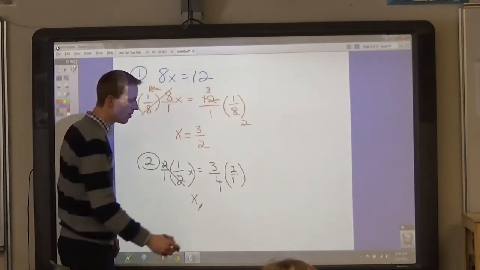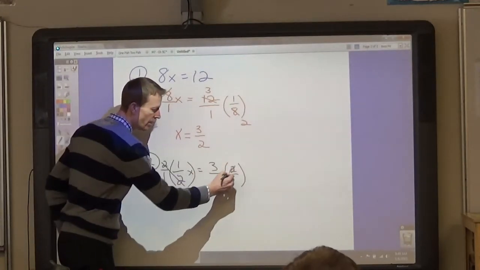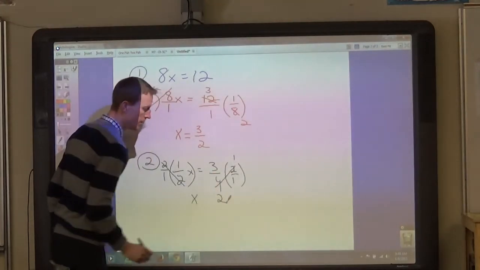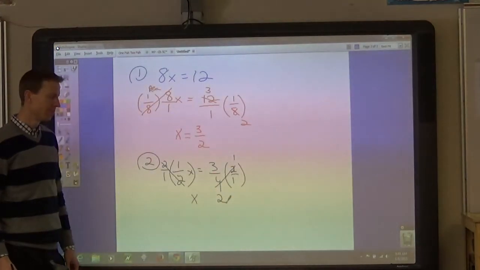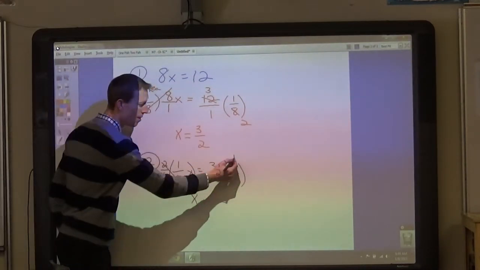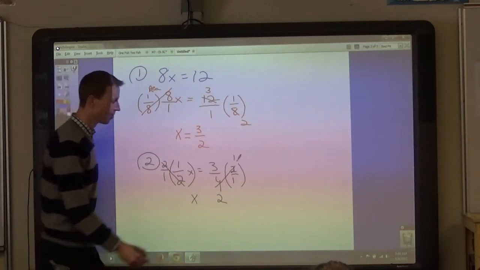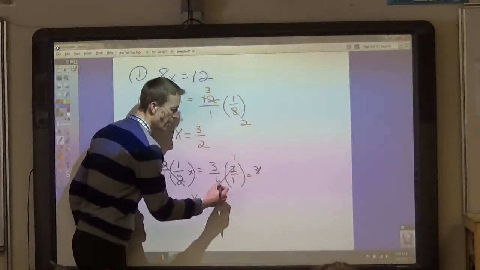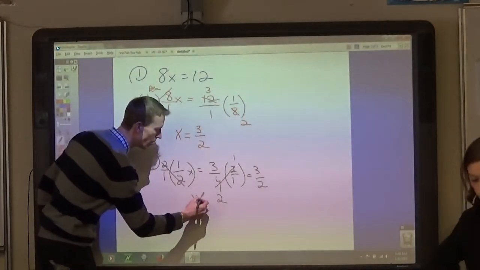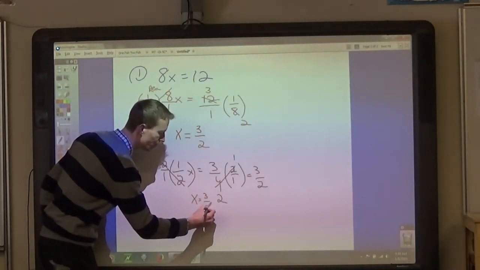And then multiply on the other side. Reduce 2 over 4 to 1/2. Right? And then multiply 3 times 1, and 2 times 1. So x equals 3/2 again.